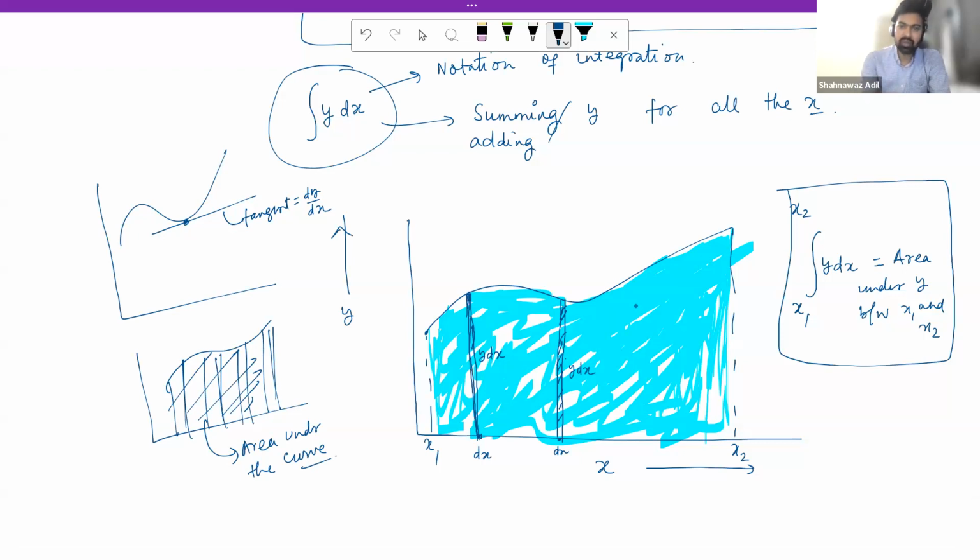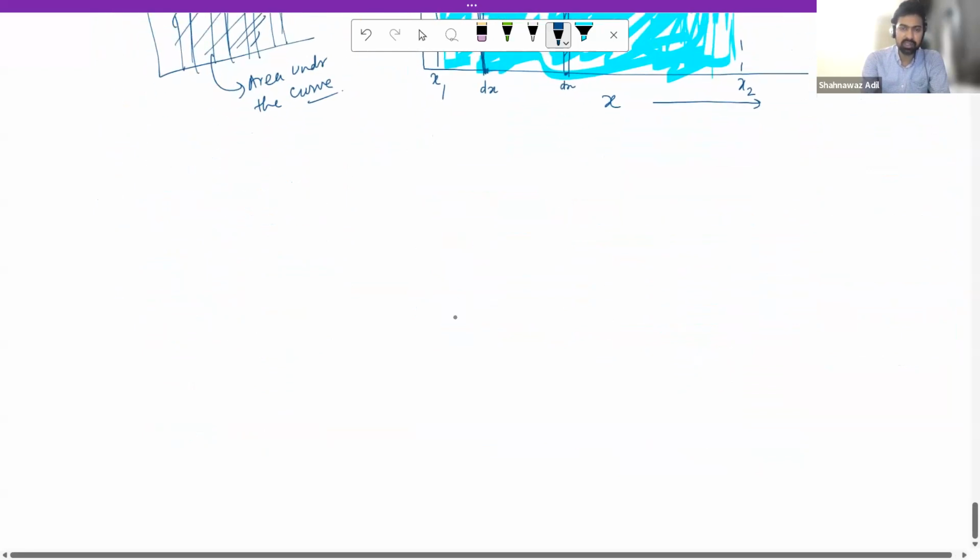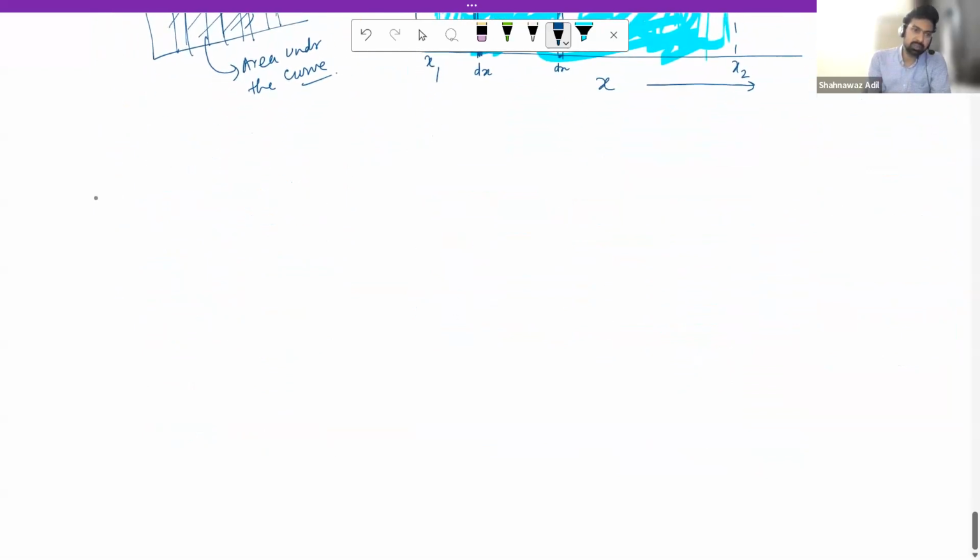Now we have some known results of integration, right? So what are those known results? The first one is algebraic, right? So what would be the integration of x^n, and we are talking about when you don't have any limit?